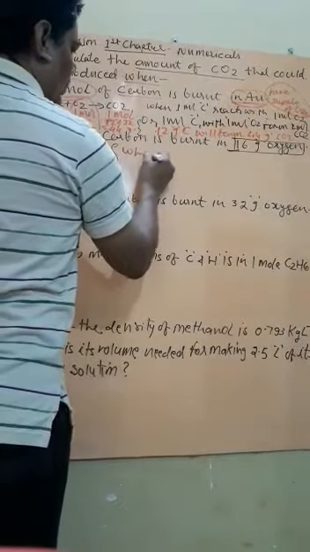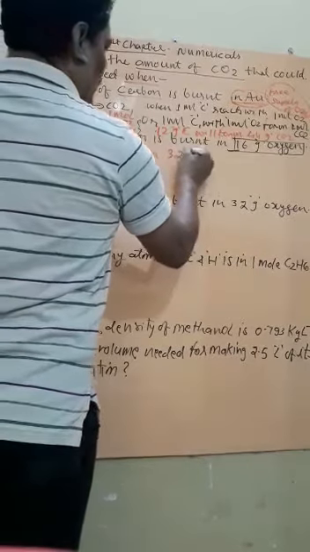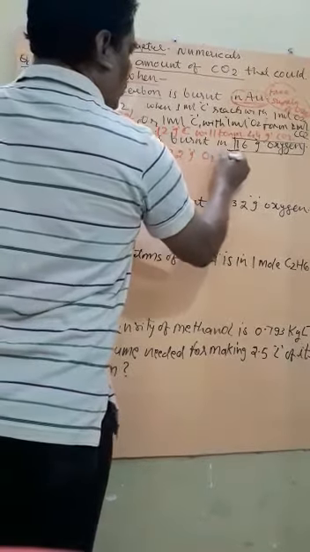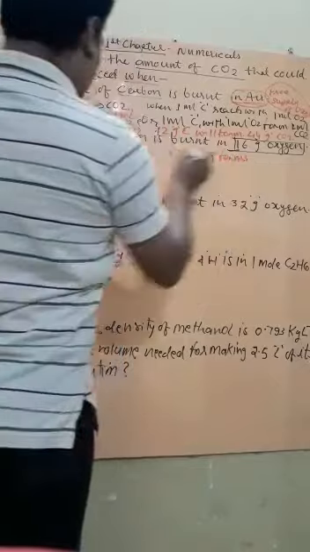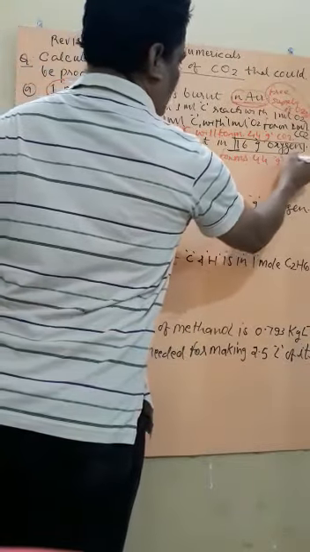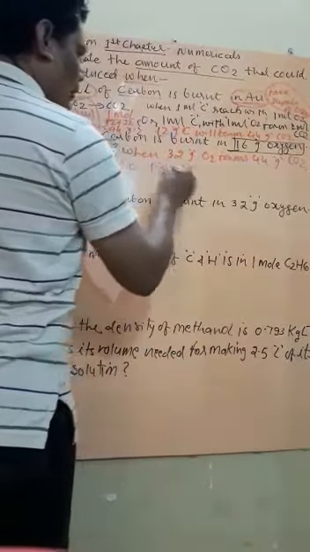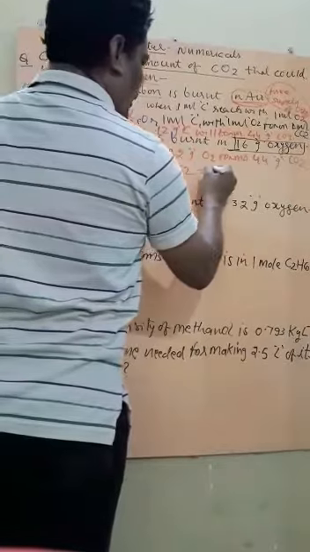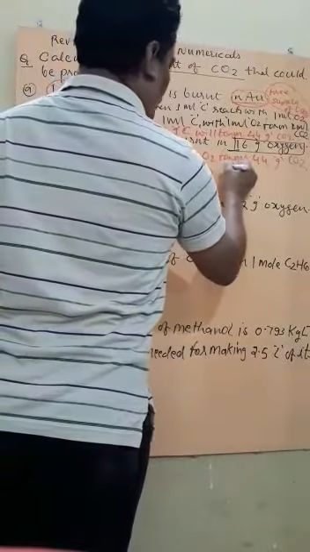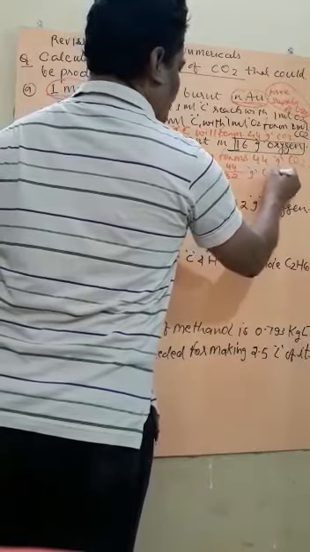So we will start: when 32 gram O2 forms 44 gram CO2, 1 gram O2 will form 44 divided by 32 gram CO2.